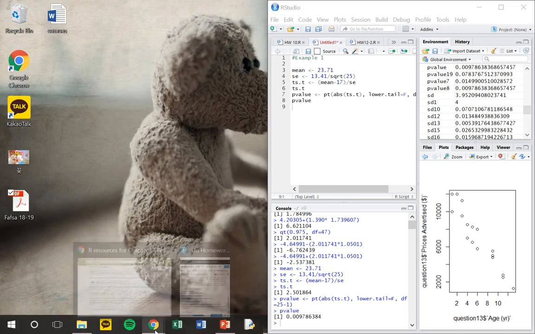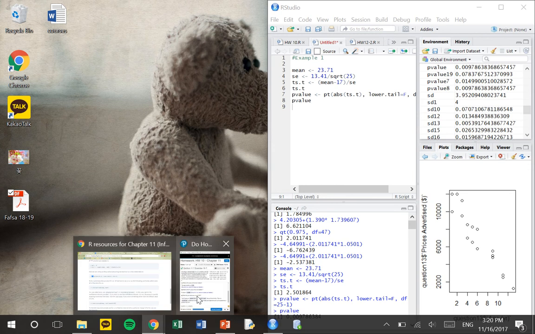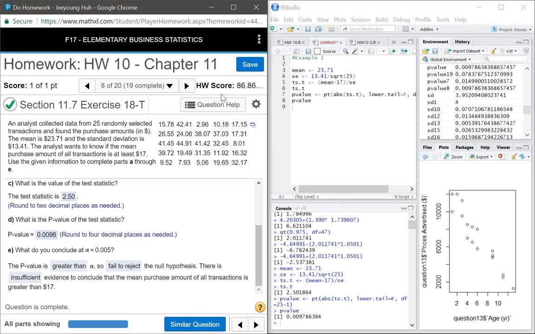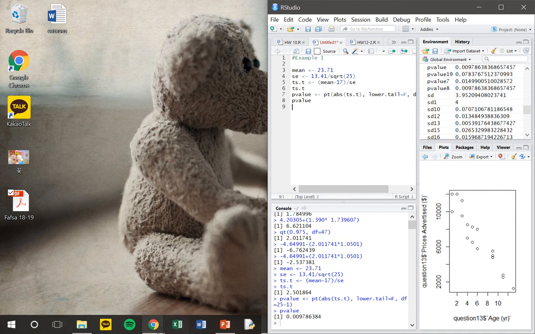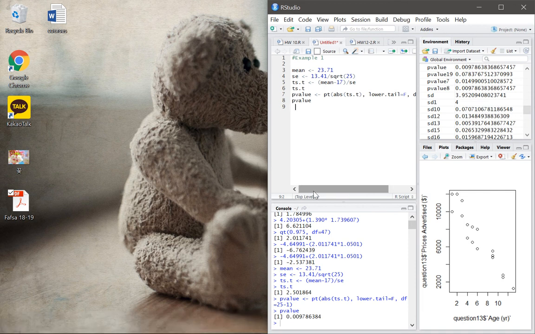What did they say the alpha value is? Okay, so in this question, the alpha value that they wanted was 0.005. If we had an alpha value of 0.005, would we be able to reject?